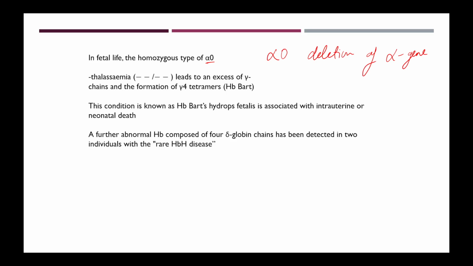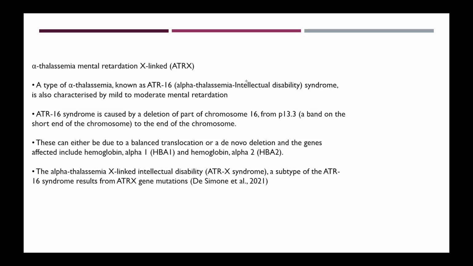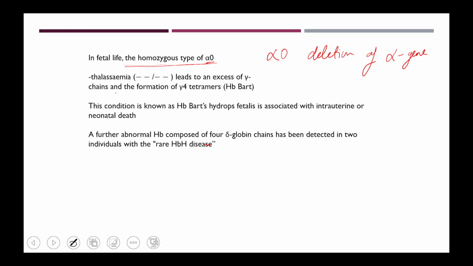So in fetal life, the homozygous type of alpha 0, this thalassemia being minus minus, leads to an excess of gamma chain and formation of gamma 4 tetramers. Okay, these are referred to as hemoglobin Bart. So this condition, known as hemoglobin Bart's hydrops fetalis, is associated with intrauterine or neonatal death.